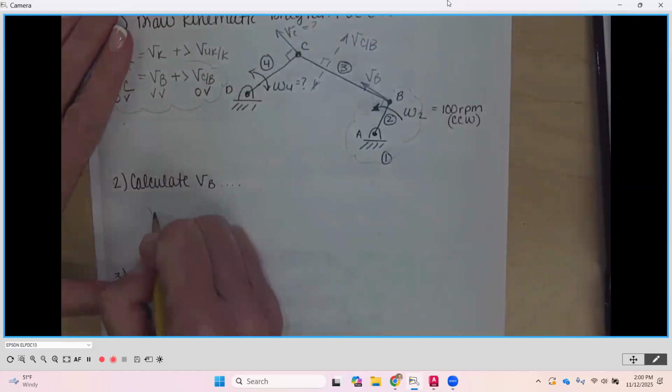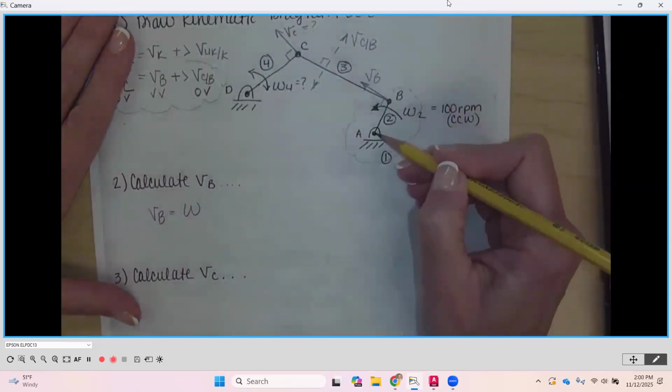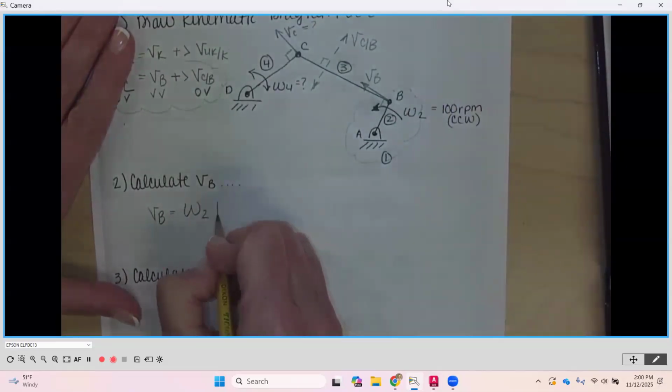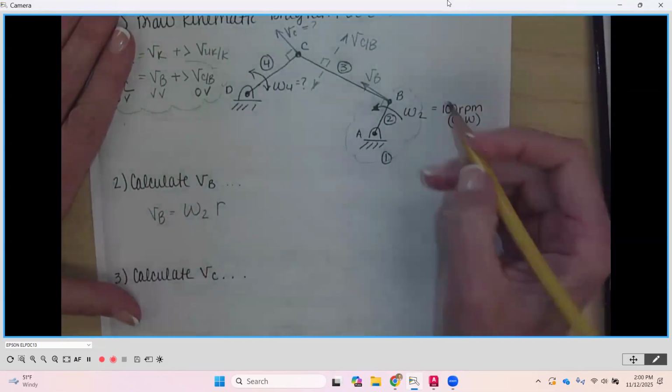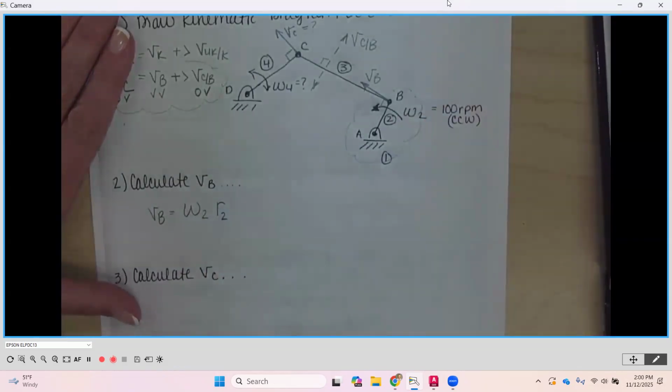We know that through that equation, velocity of B is going to be equal to the angular velocity of the link that it's on. It is on the endpoint of link number 2. So this is going to be W2 times the radius back to its center of rotation. So we're going to call that radius 2. Okay.